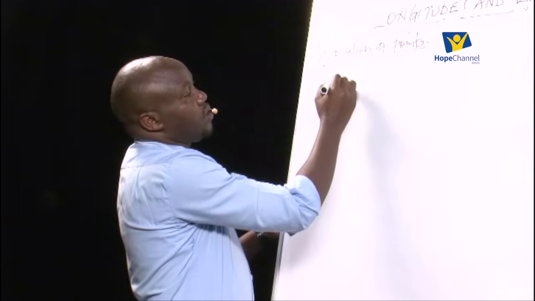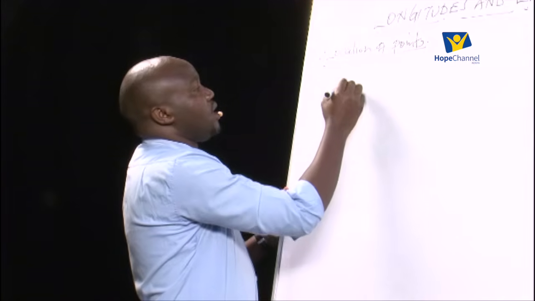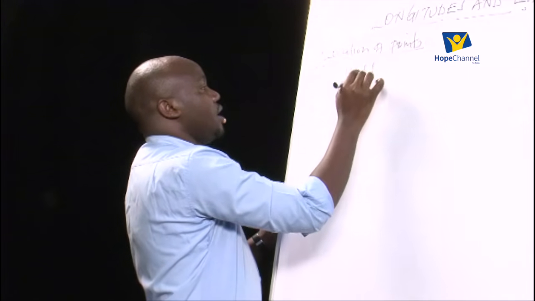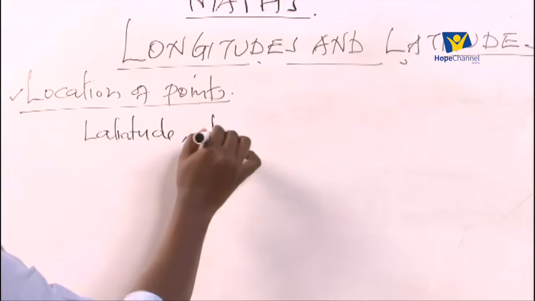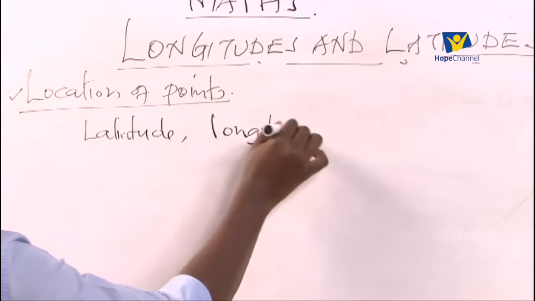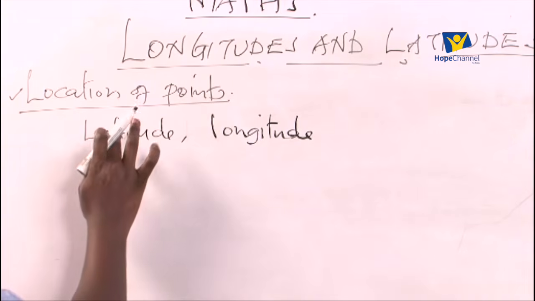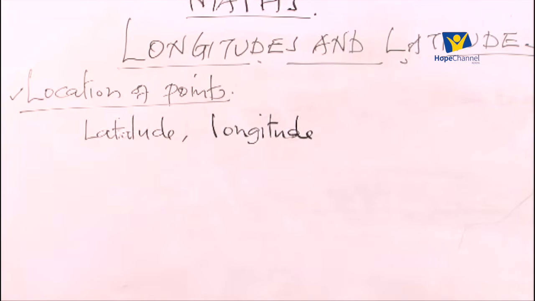Points are located on the globe following the rule that you start with the latitude, then the longitude. You always start with the latitude, then go to the longitude.